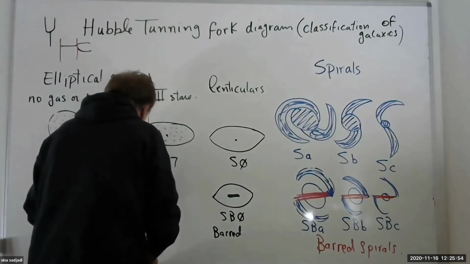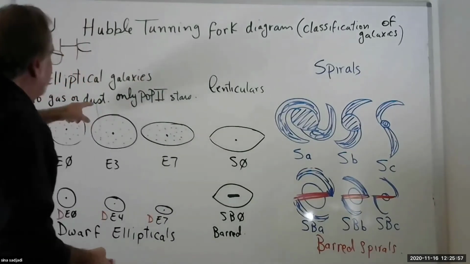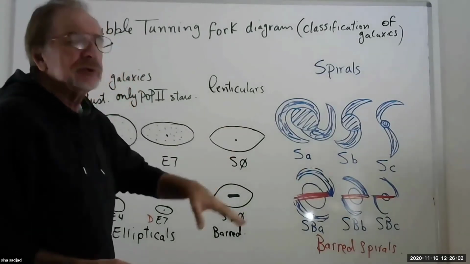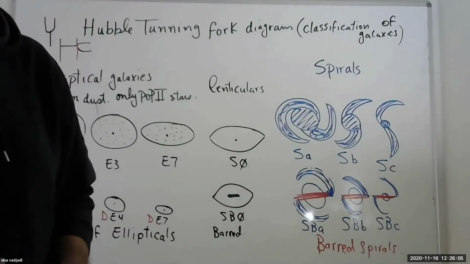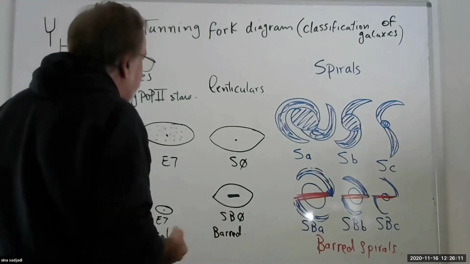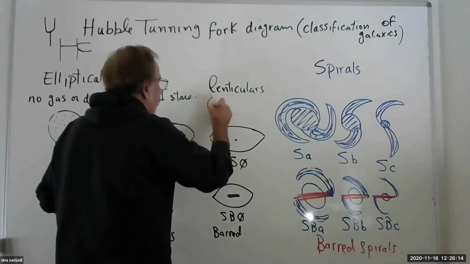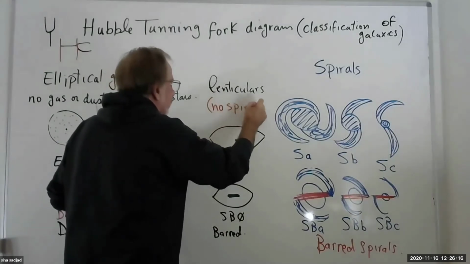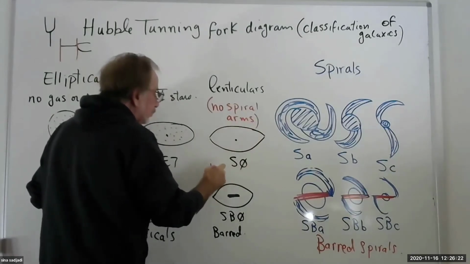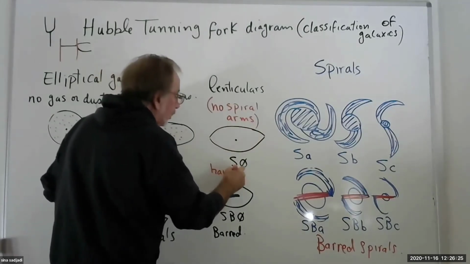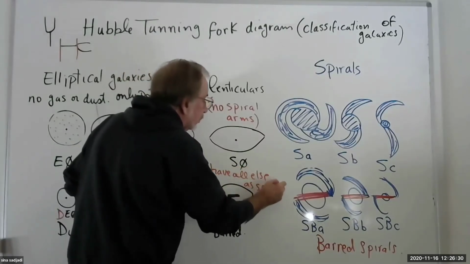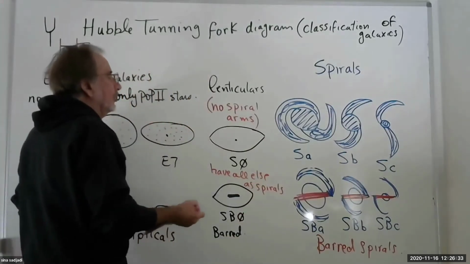All right, so what do they all have in common? They have population 1 and population 2. And lenticulars are exactly the same, except lenticulars don't have spiral arms. They're just weird, exactly like the Milky Way, but they don't have any spiral arms. But they have all else as spirals. So what do spirals have?